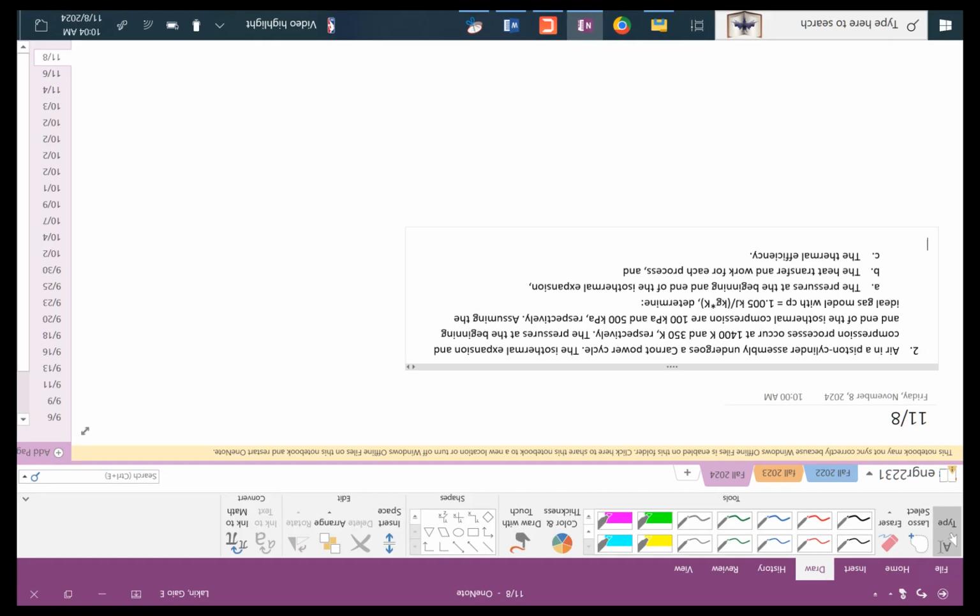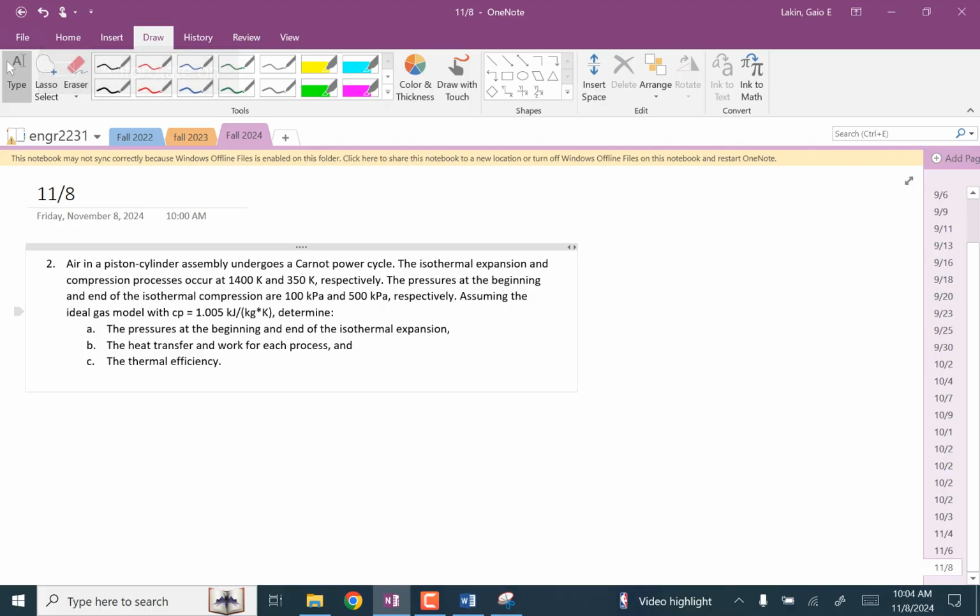Okay, so you got this piston cylinder thing and air in it, and it undergoes a power cycle. Carnot cycle is just a type of power cycle.